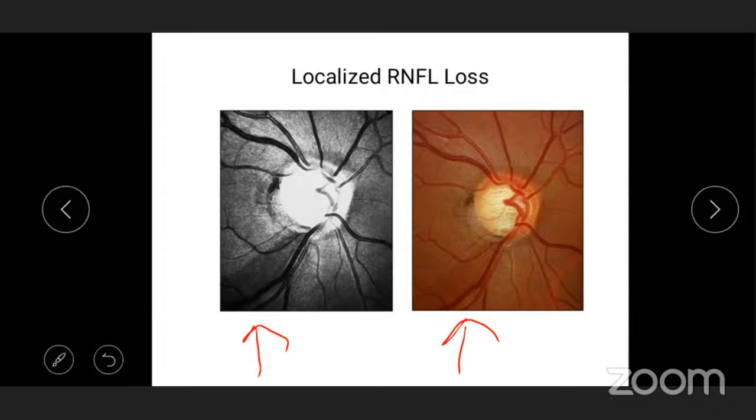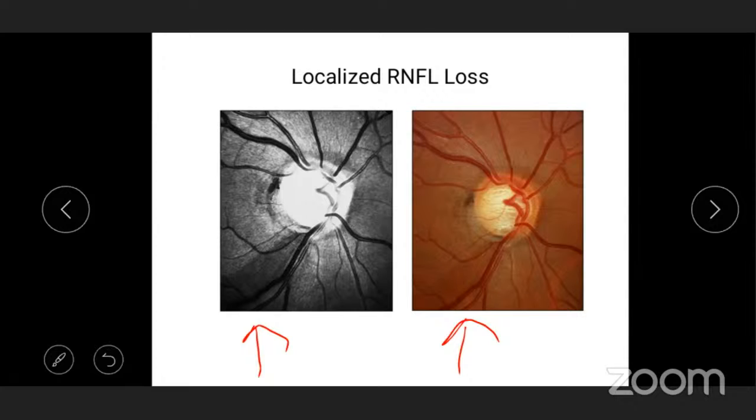Now, I'll remind you that the commonest site for thinning of the rim in glaucoma was the inferior part, followed by inferotemporal. The next thing I'm going to tell you is that the commonest site for these sector RNFL defects in glaucoma is again inferior, and to be very precise, inferotemporal. So keep that in mind.